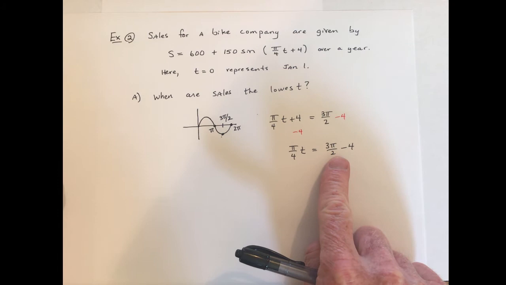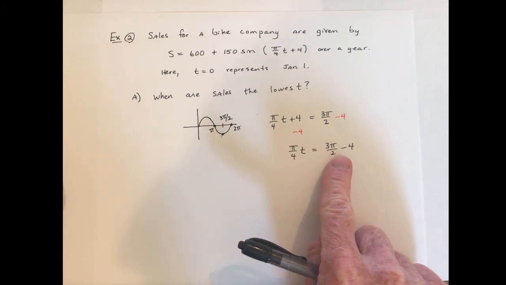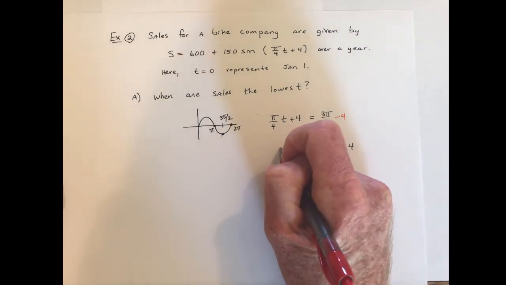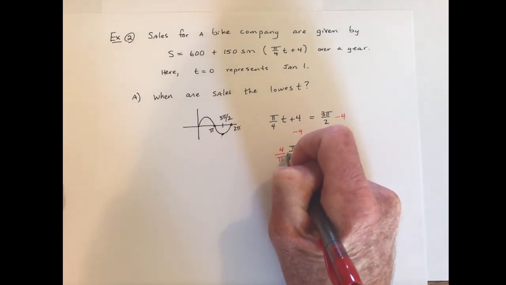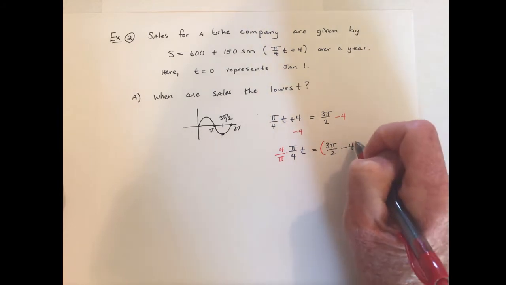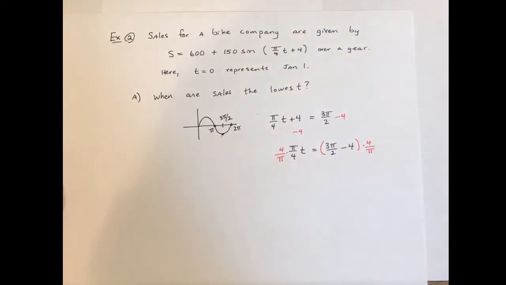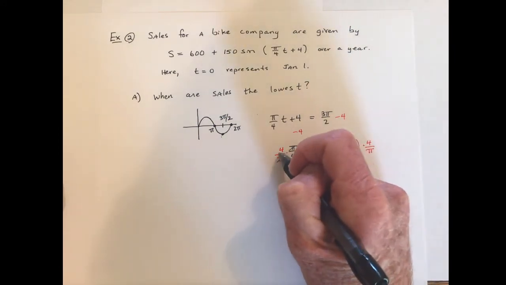And when you have things like this, don't type this into the calculator right now. Just wait until the end and type the whole thing in at once. That is much more accurate. So again, multiply by the reciprocal, multiply by the reciprocal, and then these cancel.